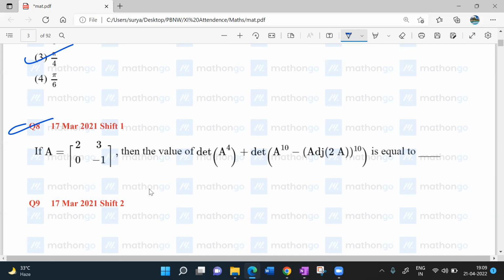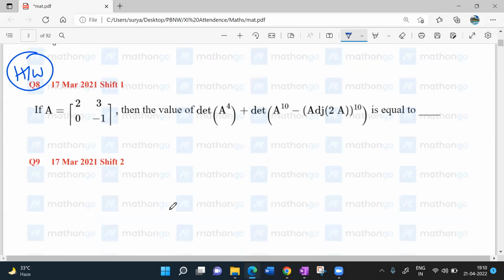You take it as homework, guys. Everyone, please solve this question. Quite simple. Yesterday we solved a question based upon it. Find out A to the power of 4 and the determinant of A to the power of 10 minus adjoint of 2A. I gave you formulas and properties yesterday. Follow those and tell me the answer tomorrow. Eighth question is homework.